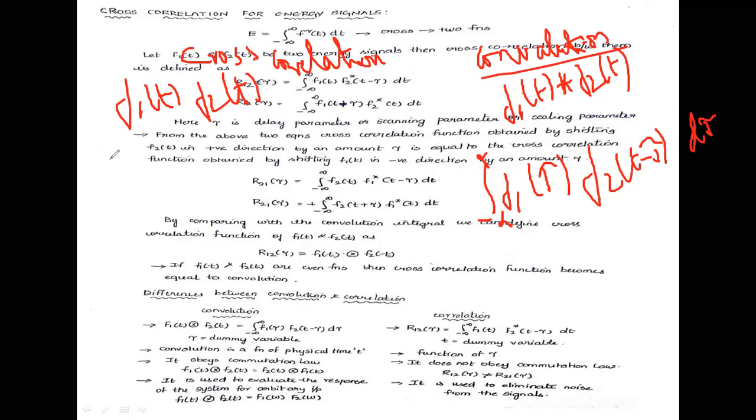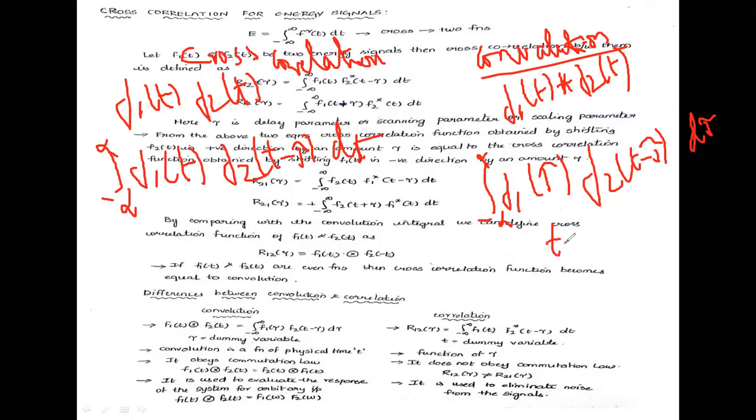What is the formula or definition of correlation? The integral from minus infinity of the same signal f1 of t and a delayed version of the second signal, f1 of t minus tau dt. These are the two definitions for the correlation and the convolution. How are they converted? The correlation and the convolution are related.